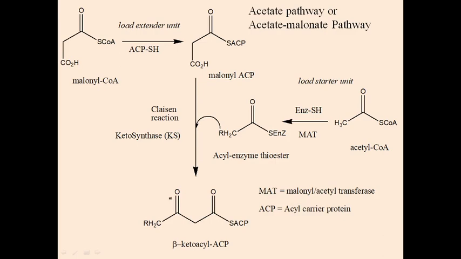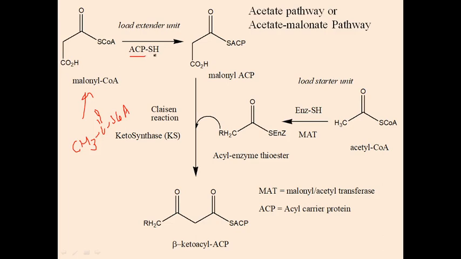And up to now, let's repeat this once again. Malonyl coenzyme A, what is it formed from? Acetyl coenzyme A, CH3 C double bond O S CoA. Malonyl coenzyme A cannot react as it is. It must first bind to ACP.